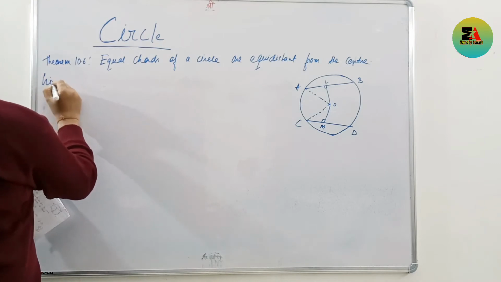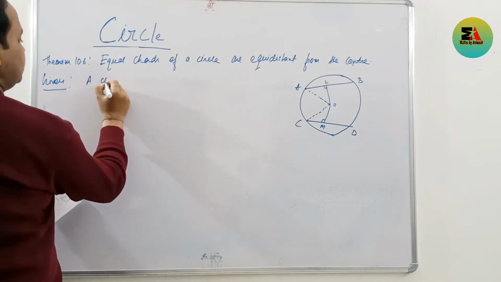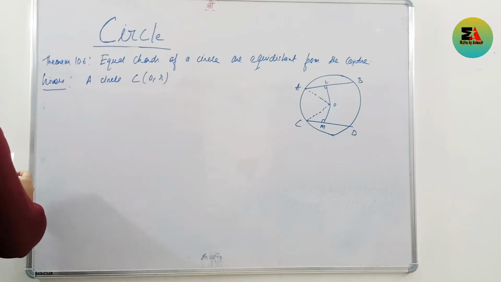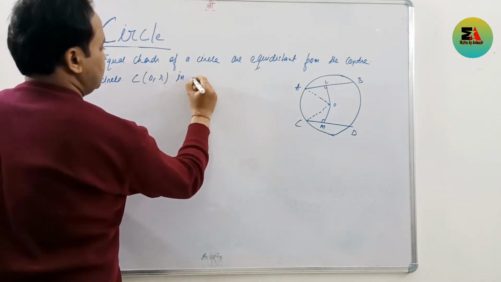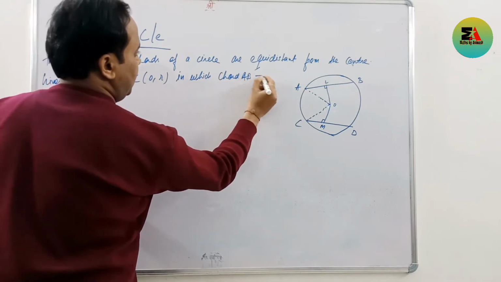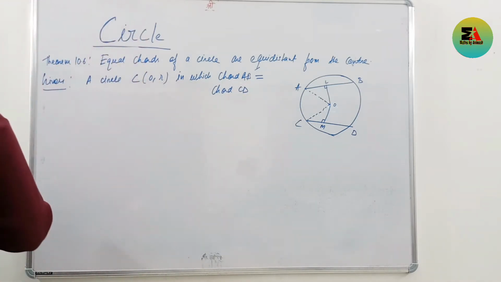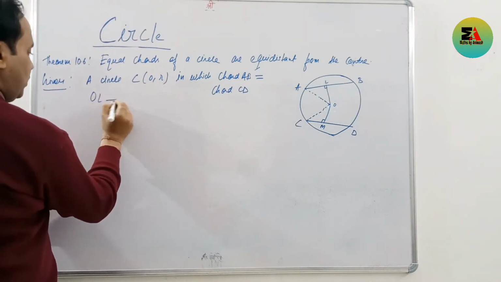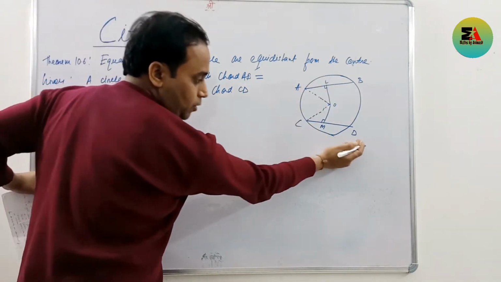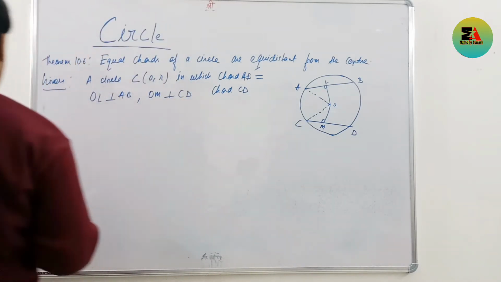Now write down the given. What is given? A circle, center O, radius R, in which chord AB is equal to chord CD. This is given, and OL perpendicular to AB and OM perpendicular to CD.